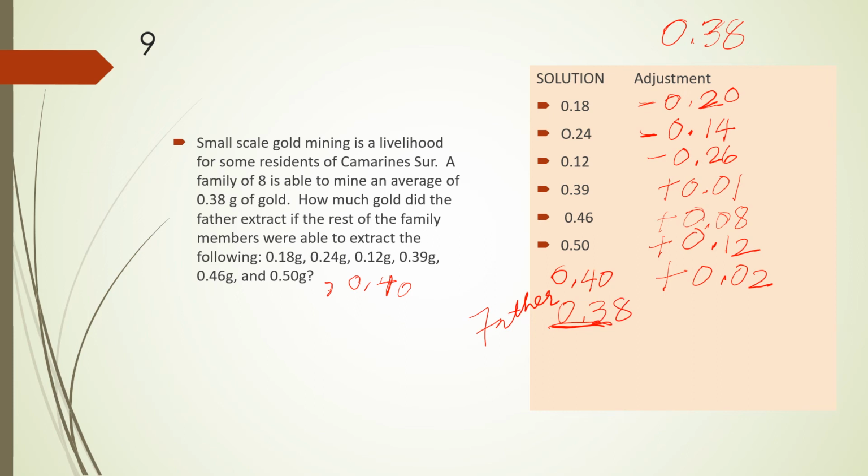0.38. And so for us to have a column value sum of 0, we will have to add up all the positives with the negative. So how you manage this is this one together will give us positive 0.2 will cancel out with the negative 0.2.